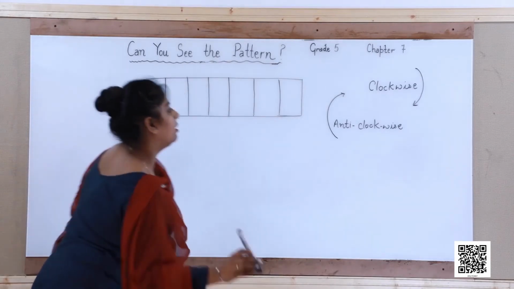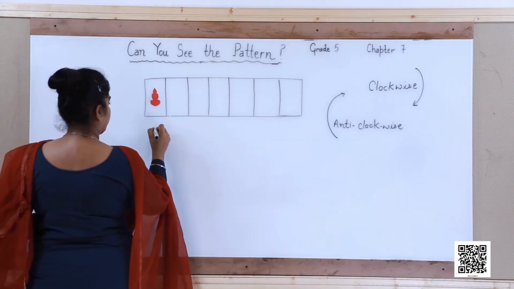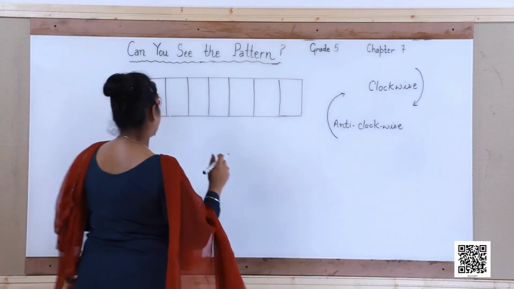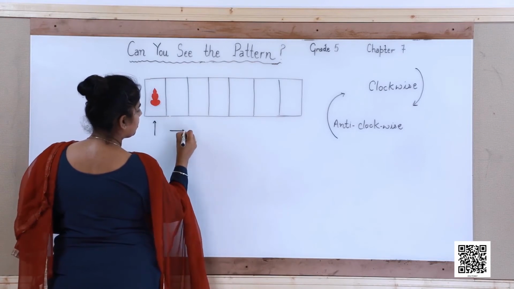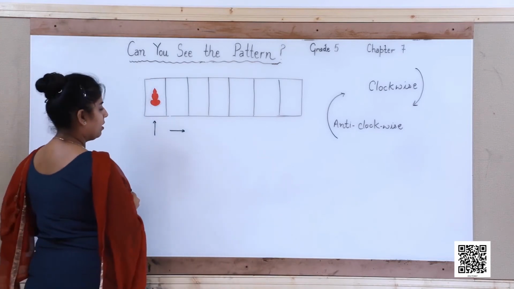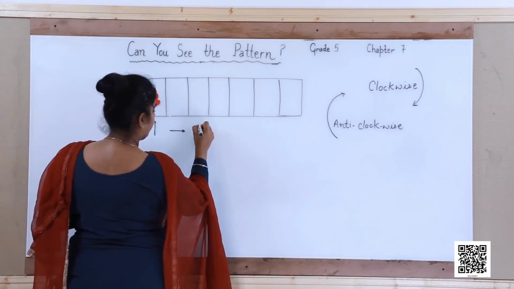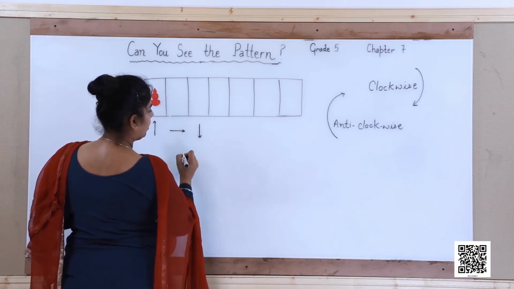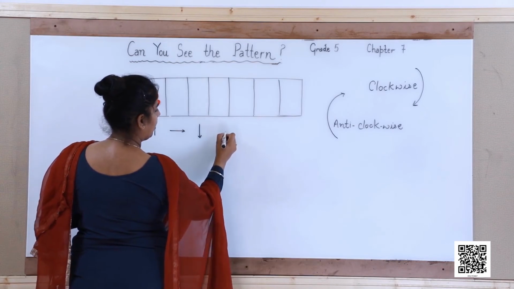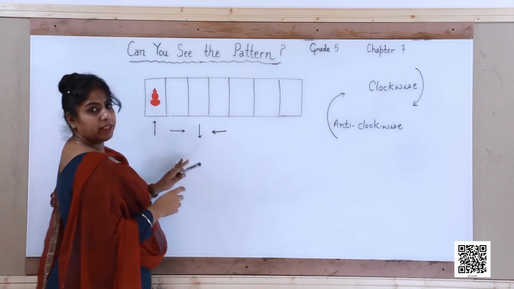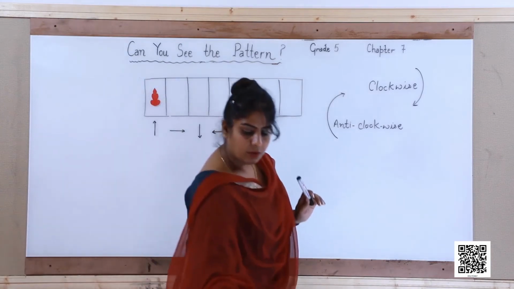What is the direction? Upwards. Now, if we move clockwise, half a turn, we'll move like this, right? Okay? And then we'll move downwards and then again backwards.